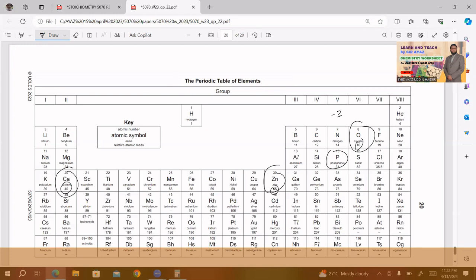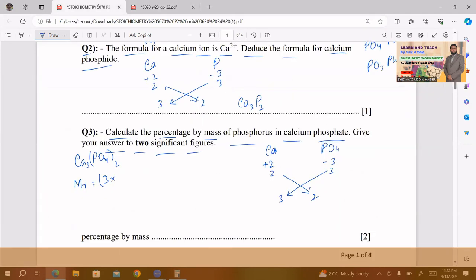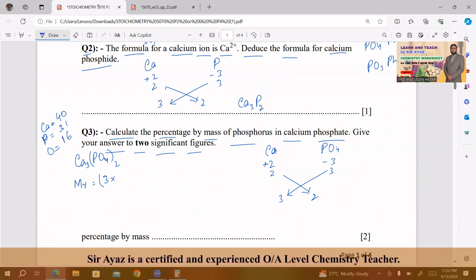Phosphorus, group 5, Ar is 31. Oxygen, group 6, Ar is 16. 40, 31, 16. For your convenience, I am writing it here, so that you don't need to look at the periodic table again.